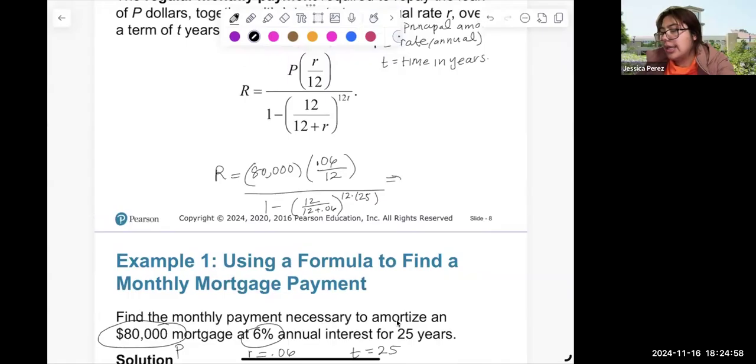I would like you to use Wolfram Alpha to calculate this. Let me open a window that contains Wolfram Alpha.